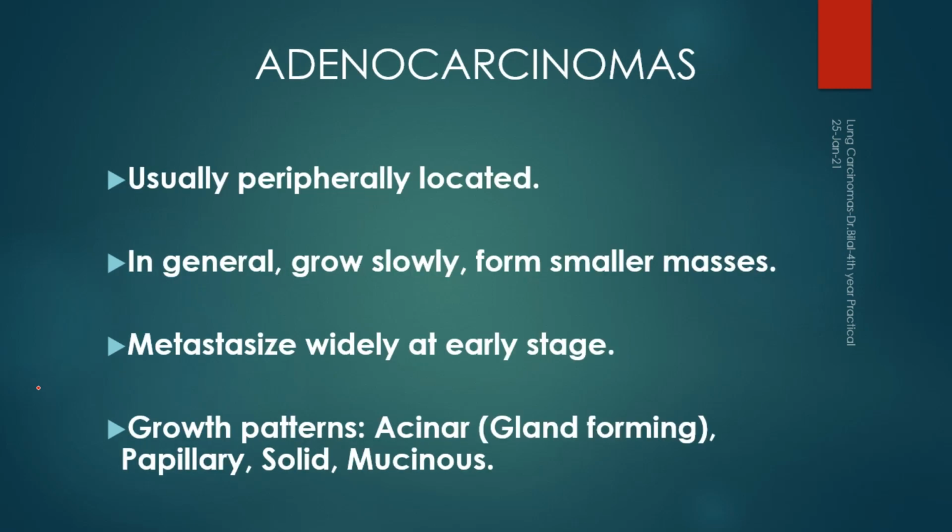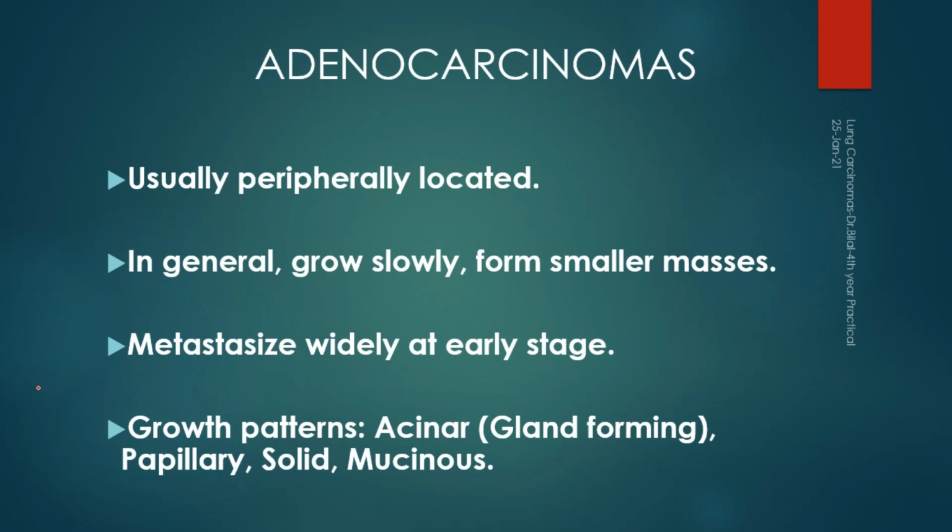Now, moving on to the first one, adenocarcinomas. These tumors have general differences with respect to location, and some epidemiological differences. First thing about adenocarcinoma is that they are usually peripherally located in the lung, near the pleura, for example, in the apex.